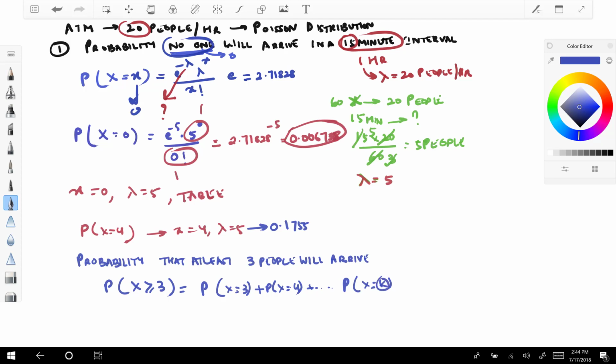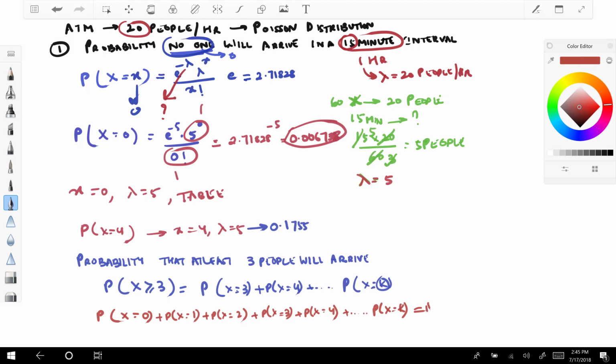One of the ways we can maneuver this is, we know the law of probability says P of x equal to 0 plus P of x equal to 1 plus P of x equal to 2 plus P of x equal to 3 plus P of x equal to 4, and so on until P of x equal to k, is equal to 1.